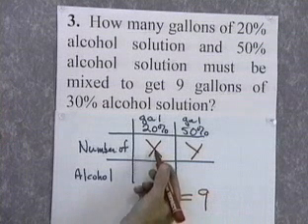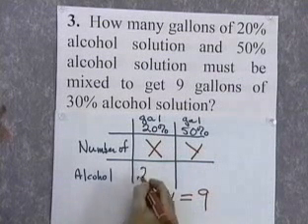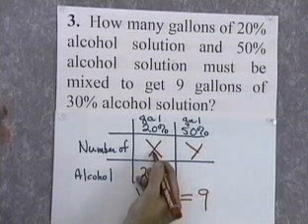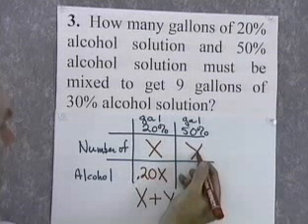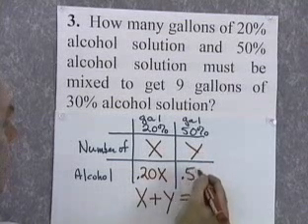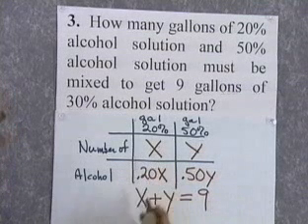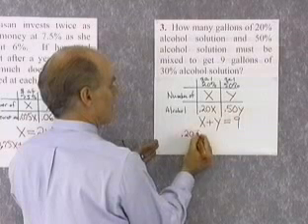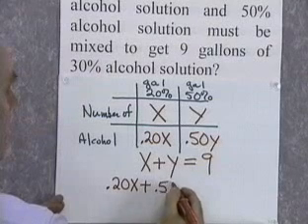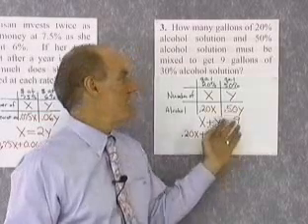Now, how much alcohol is in this X gallons that's 20% alcohol? Well, the answer is 20%. So 0.20 times X is the amount of alcohol in this solution. In this Y gallons that's 50% alcohol, the amount of alcohol is 50%, so 0.50 times Y. So the amount of alcohol in the 20% solution, 0.20 times X, plus the amount of alcohol in the 50% solution, 0.50y, has to come out to be the total amount of alcohol that we want in the final solution.